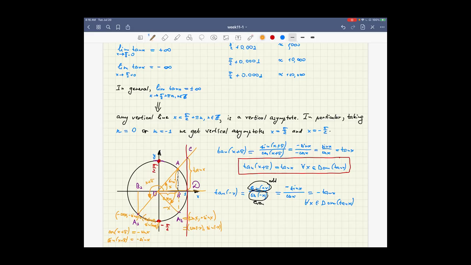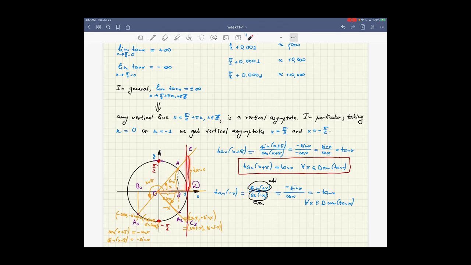And also from the picture we see that the triangle OCD happens to be equal to triangle ODC2. In particular, the distance CD is equal to the distance C2D. These triangles are again equal as having the same acute angle, being right triangles and sharing one leg.